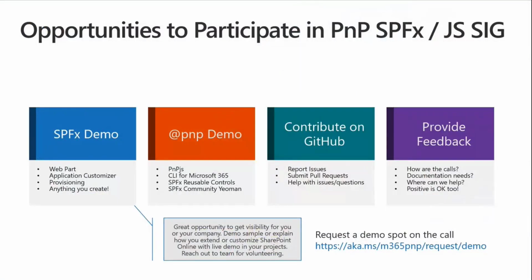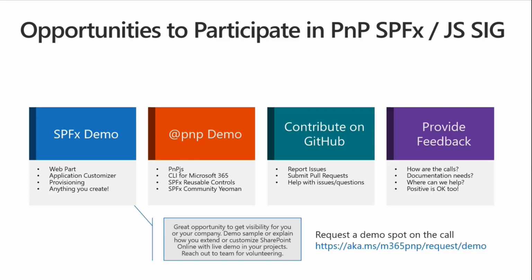So first of all, we need to be aware of the fact that everyone can contribute to this community. This is a really open and inclusive community. And if you have any demo or any sample that you want to show and share with the community, please register. Here you can find the URL, aka.ms/m365pnp/request/demo.